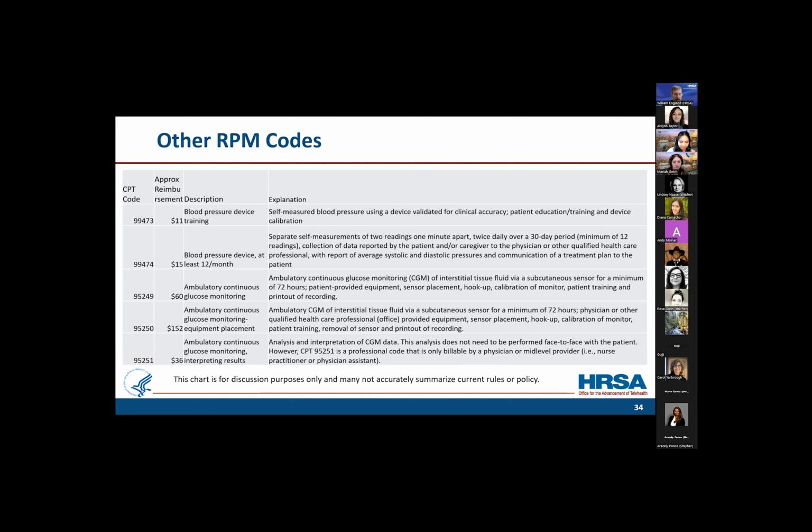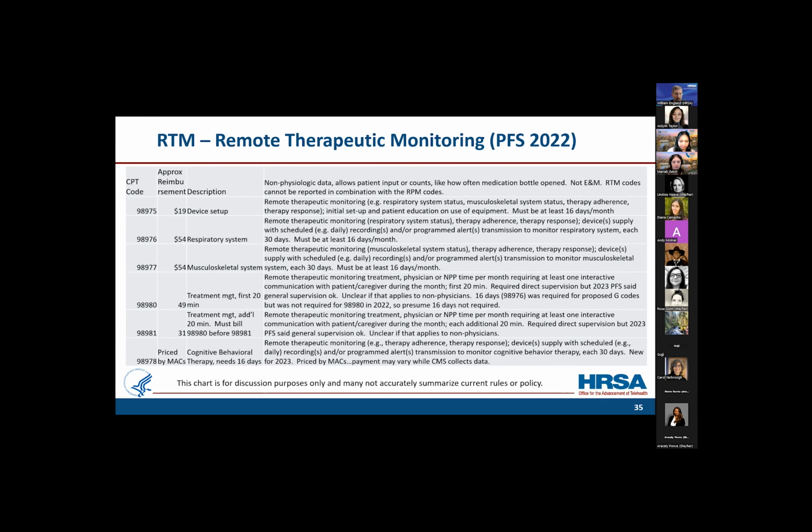And then some other codes, as I mentioned, there are other things that are monitoring codes that should be looked at, and they're for specific areas like blood pressure monitoring. Next slide. And then the RTM codes. So the RPM codes came in the physician fee schedule in 2019.